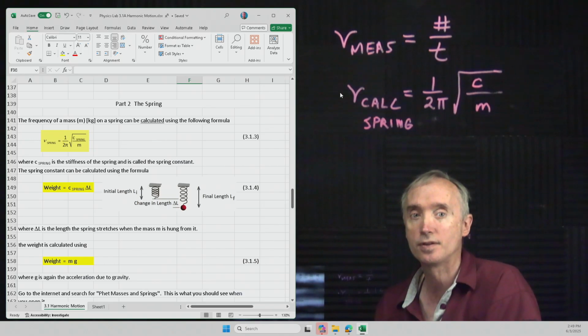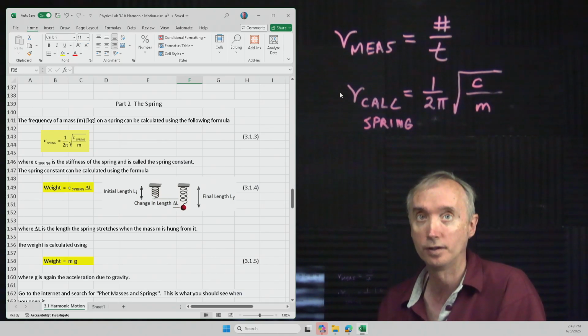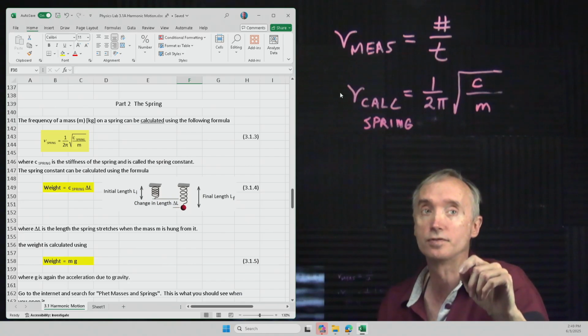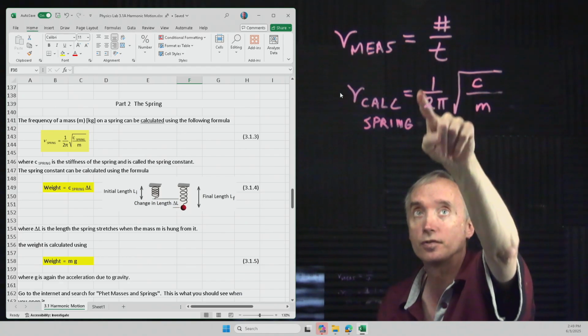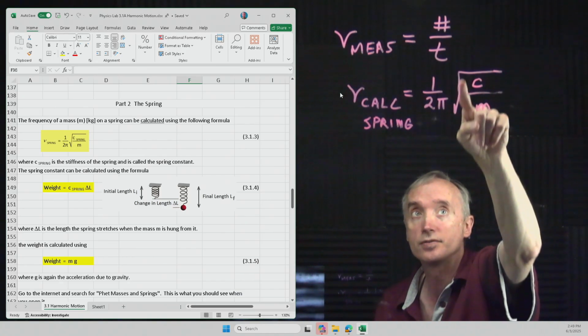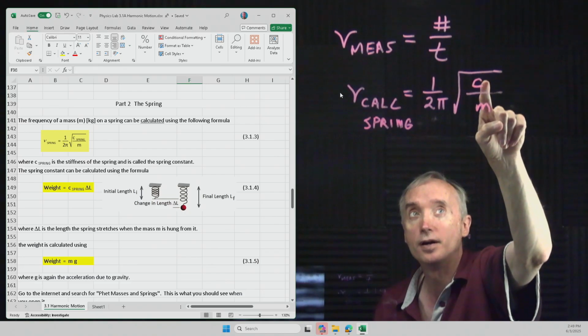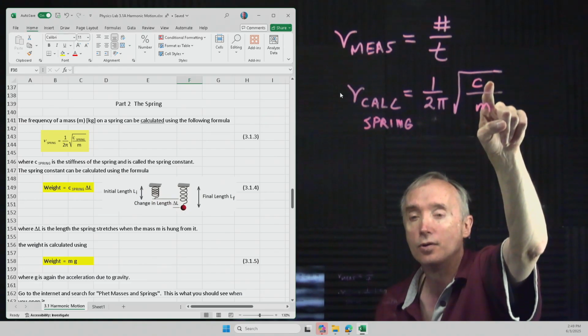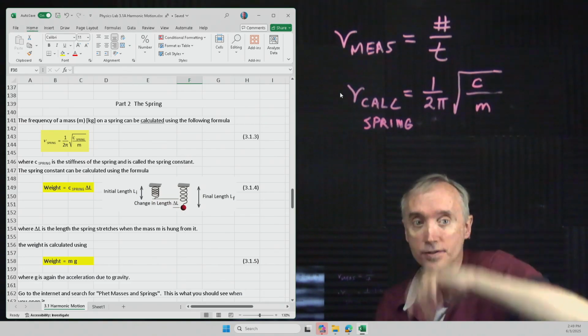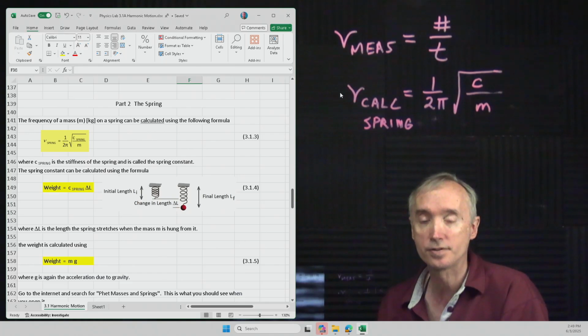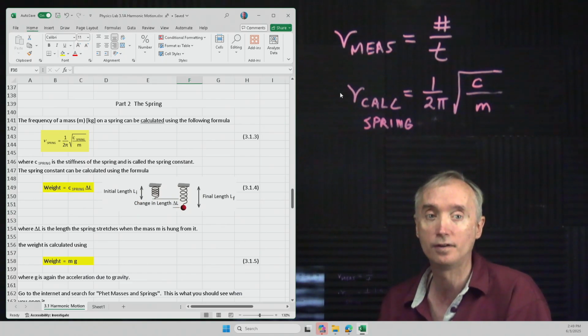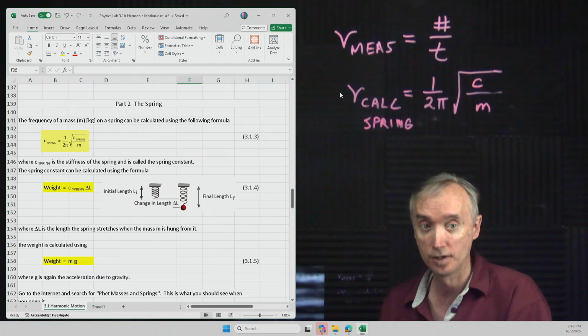But notice that there is a different formula for calculating the frequency of a spring. It's still got the 1 over 2 pi. It still has a square root, but it has this thing here, which is called the spring constant. The spring constant is how stiff the spring is.